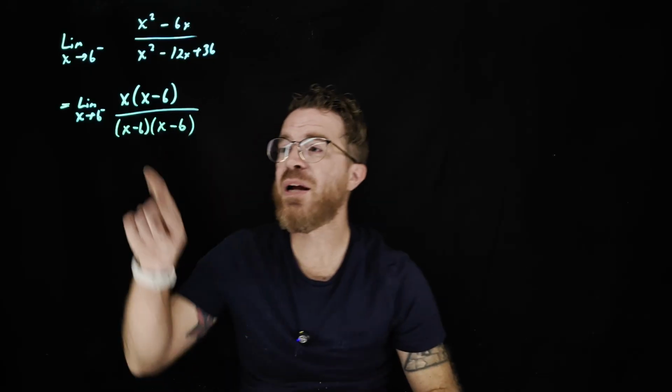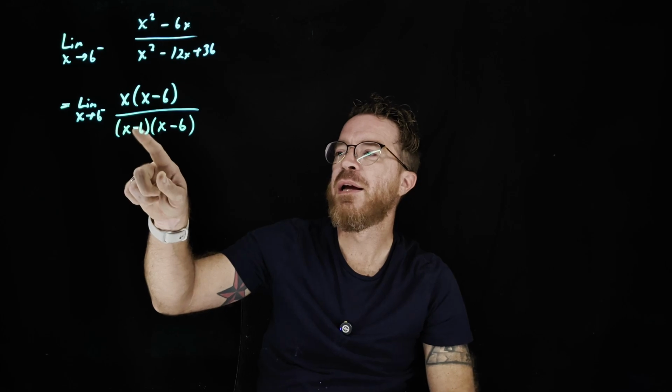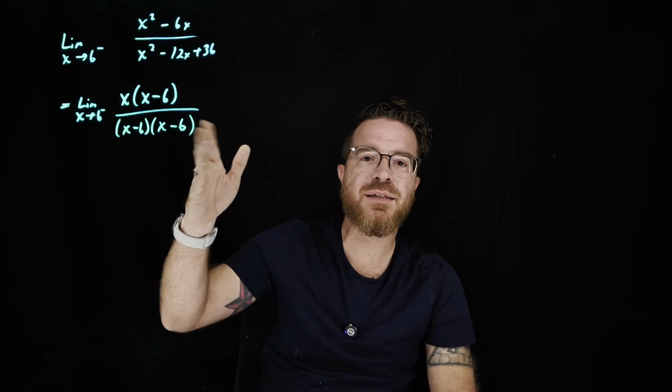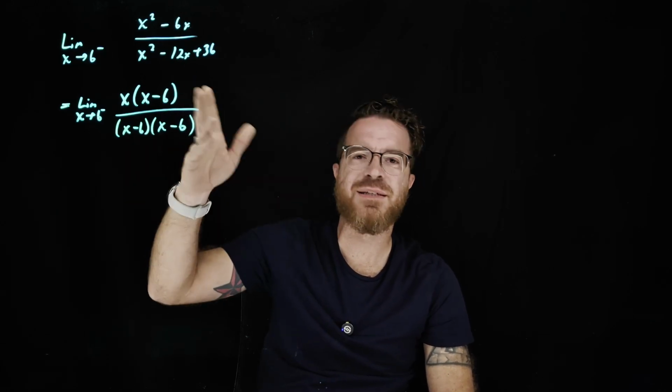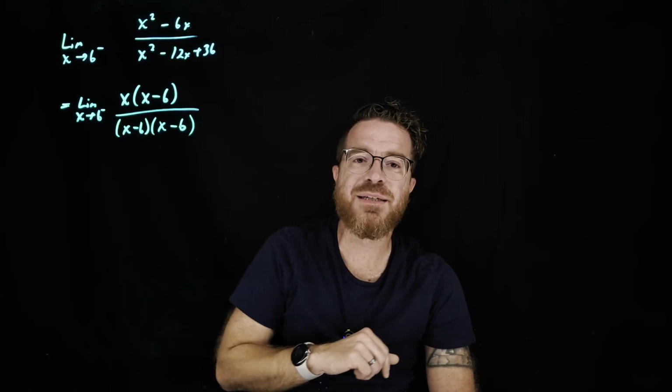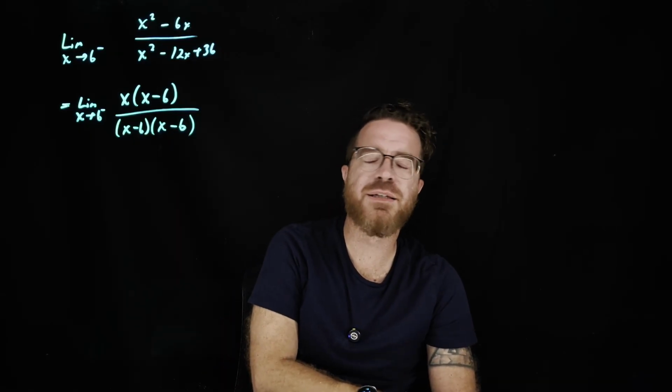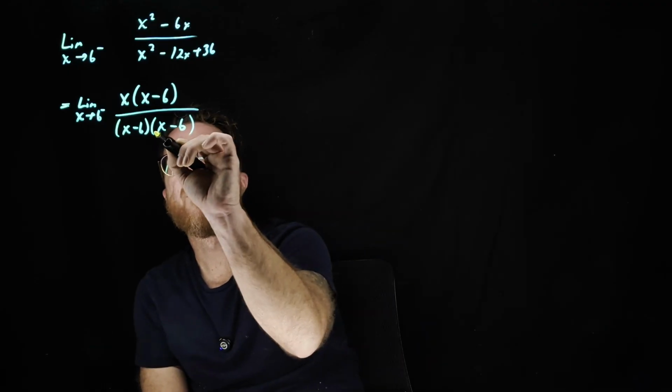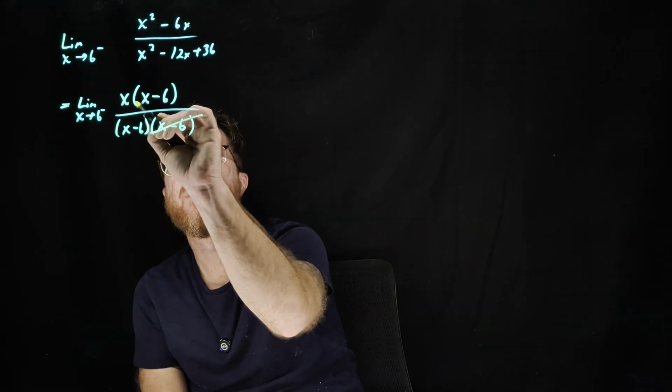Of course, we can double check this, right? If I plug this in, first, x squared, outer, inner, minus 6x, minus 6x, minus 12x. And then last, minus 6 times minus 6 is positive 36. Great. So now we're going to cancel one of these with one of these.